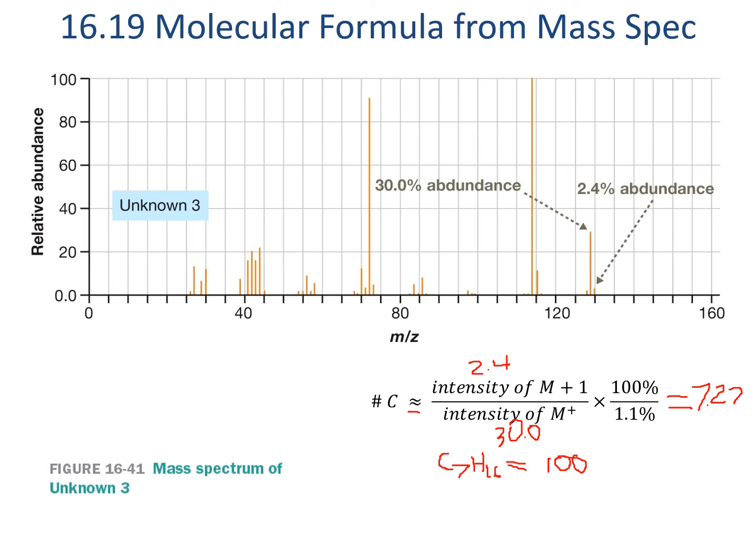There's got to be something else in the molecule. So maybe we'd have something like C8H18. If we did that, we'd have another 14 mass units, 12 from the carbon and 2 from the additional hydrogens, and so we'd say that we have 114. That's still not actually enough to get to this mass plus peak, which is 129.